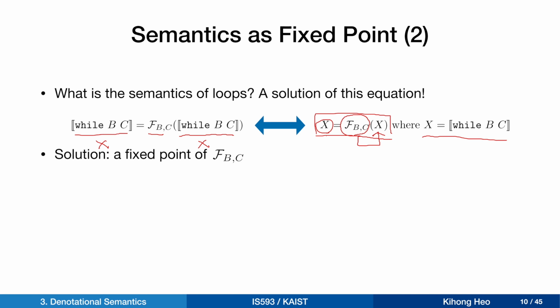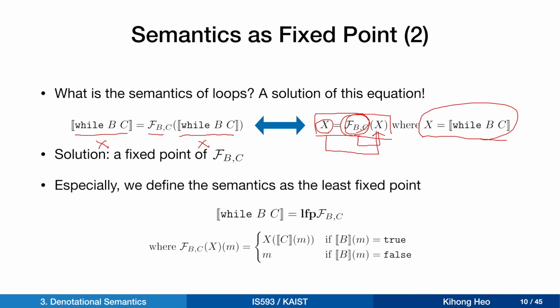Okay, this kind of x is called a fixed point in mathematics. And then the semantics of while is a fixed point of function f. Okay, but mathematically a function might have multiple fixed points.